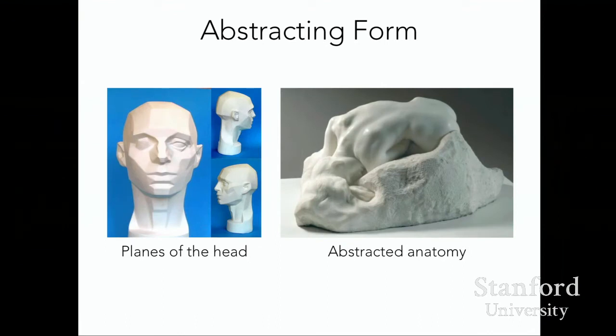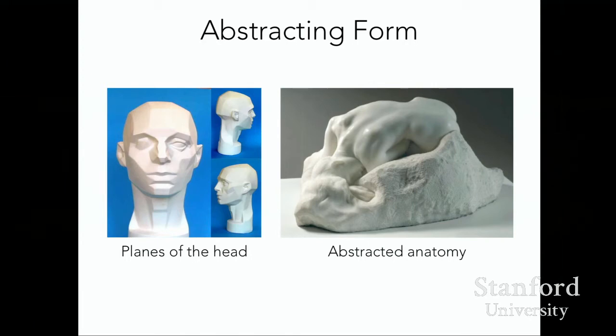So one really simple one, I'll go back to this example that I showed before, is simply about abstraction. And of course, abstraction is a big element of a lot of 2D artwork as well, illustration and painting. But in 3D, it may not be quite as obvious, but it exists in 3D as well.